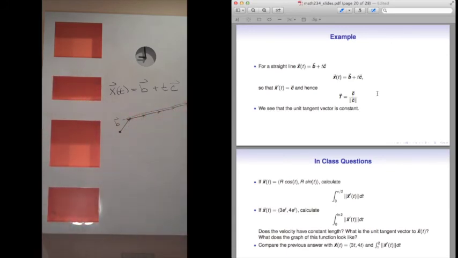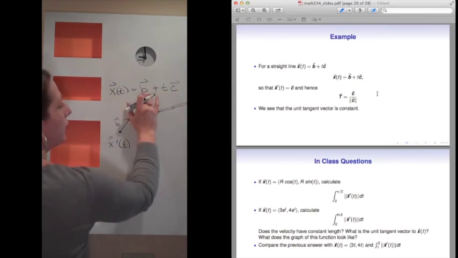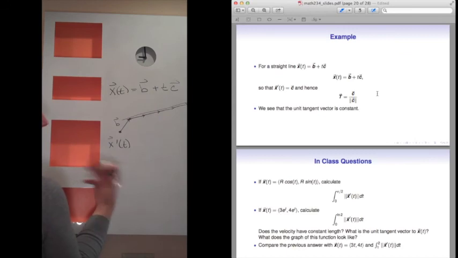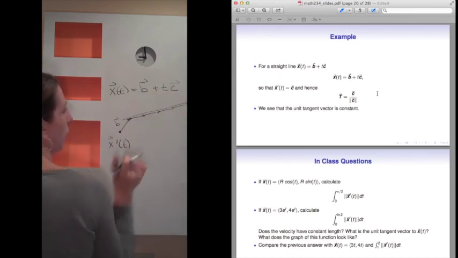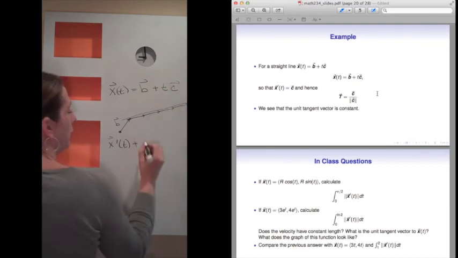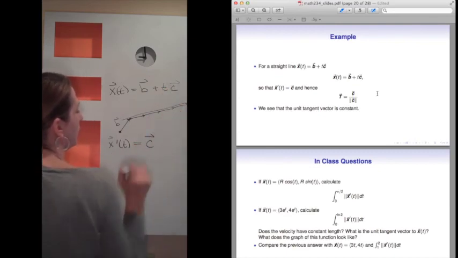Now if I calculate x prime of t, this term drops out when I take a derivative because it is a constant vector, so its time derivative is just 0. And when I take a time derivative of this term, I simply get c.